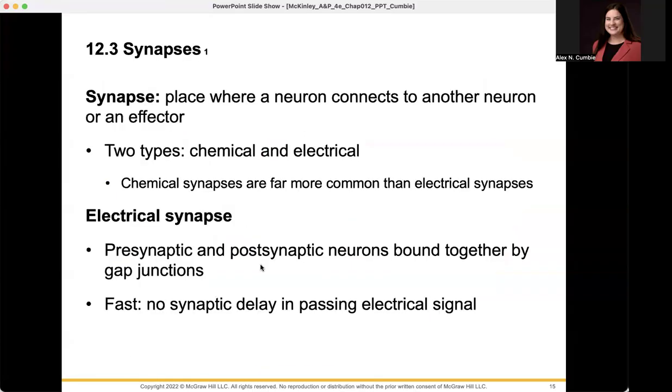So we're going to talk a bit about communication now between neurons or even between neurons and their effectors. I'll draw this real quick to kind of give an idea here. So if we have a neuron here, and what I've largely drawn, as you can tell, very poorly, is a multipolar neuron, okay?